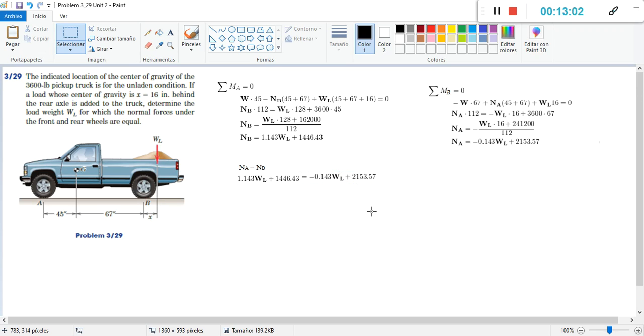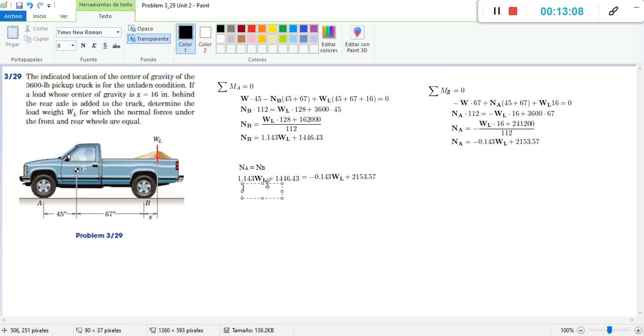So from there, we change the variables, and we can write it in this way.